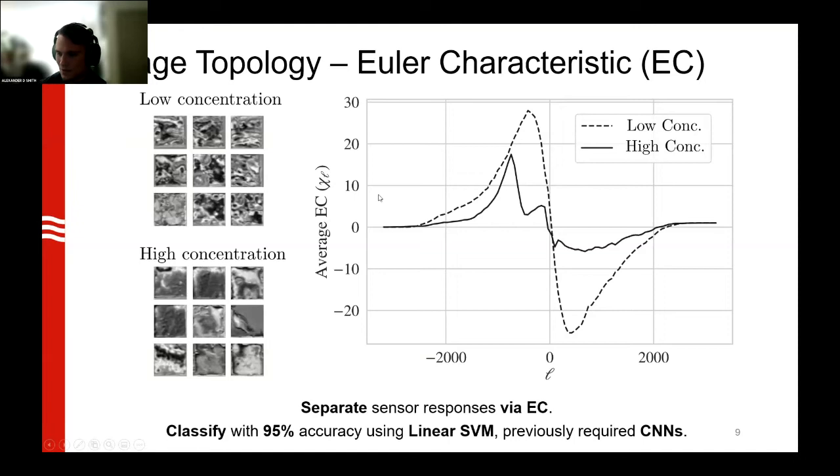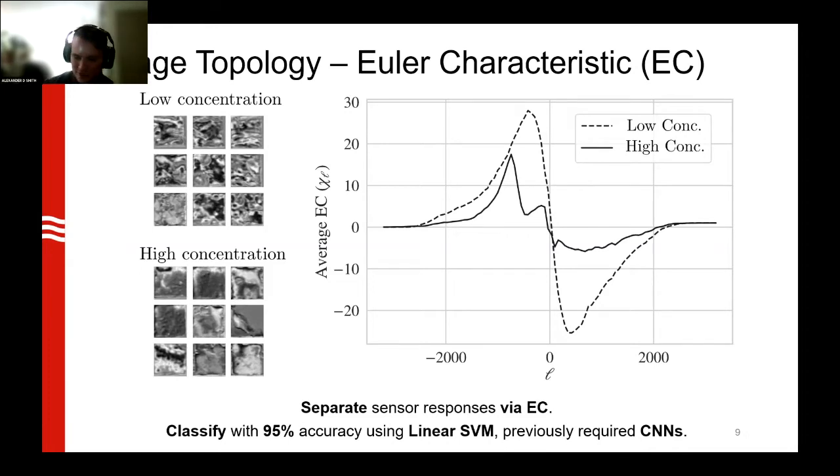What's nice is that by just looking at the averages, you see a dramatic difference in the Euler characteristic curve for the low concentration systems versus the high concentration systems. And what this foreshadows is that we're actually able to classify these sets of images with 95% accuracy using just a simple linear classifier.